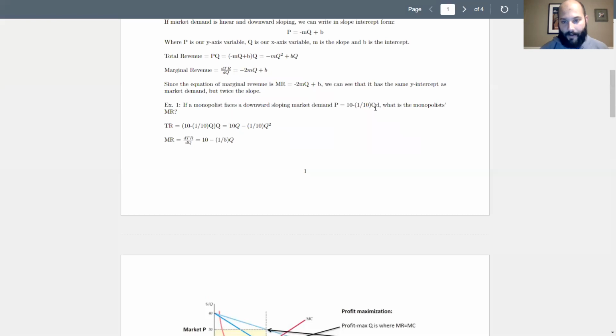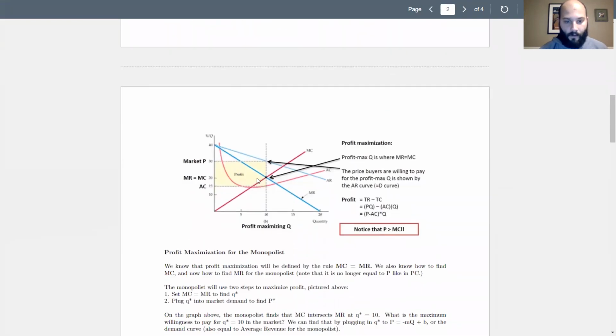We know the quantity produced. This will spit out what the market price should be, or in other words, the consumer's maximum willingness to pay for this market quantity. Right, so MC equals MR gives us the quantity. That's step 1. Step 2, plug this quantity into the demand curve to find the price for that quantity.